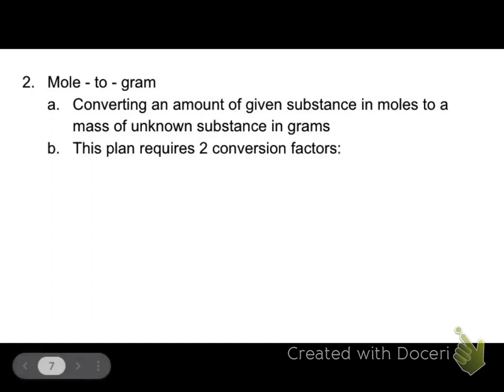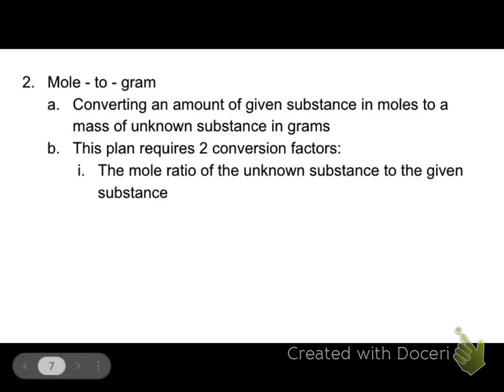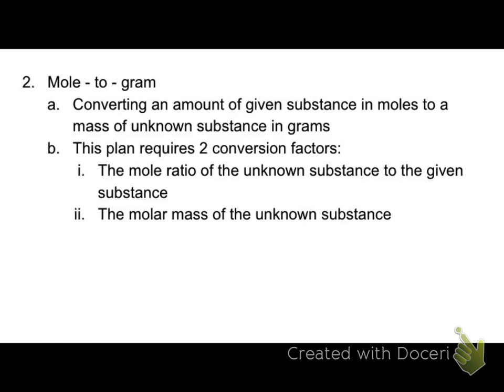This plan is going to actually require 2 conversion factors because you will need to convert first using the mole ratio to get moles of unknown substance, and then you will need to convert moles of unknown substance into a mass in grams, which will require the molar mass of the unknown substance.